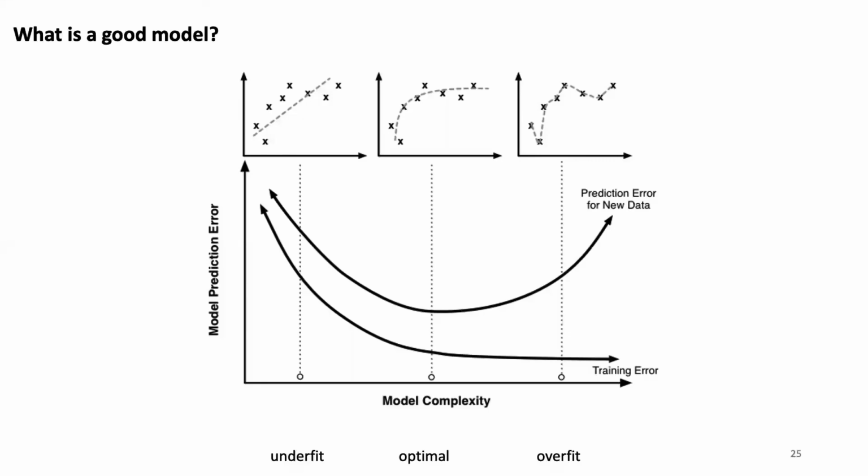So this phenomenon is called overfitting the training data. In the overfitting region, the model's training algorithm is focusing on precisely matching random chance variability in the training set that is not present in the actual population.